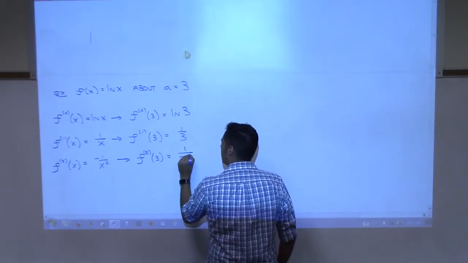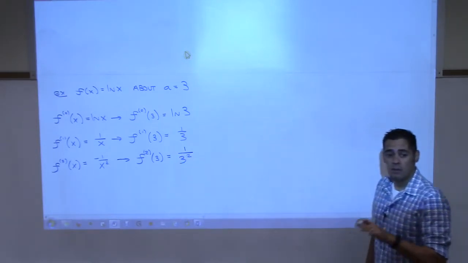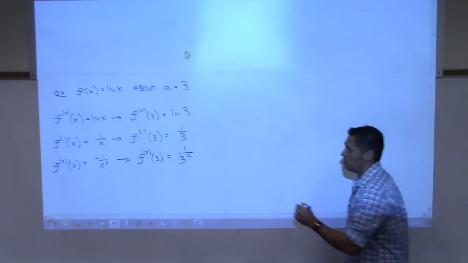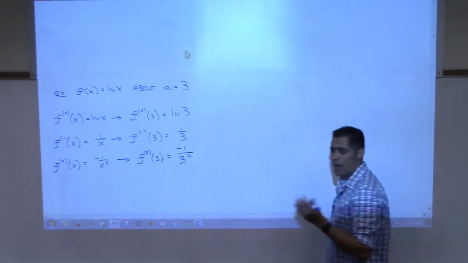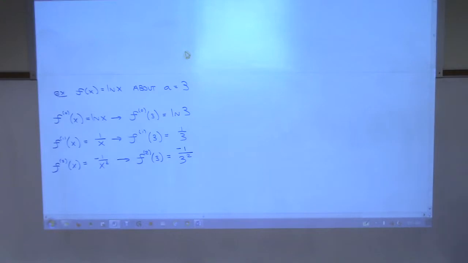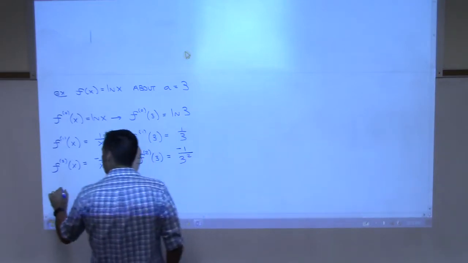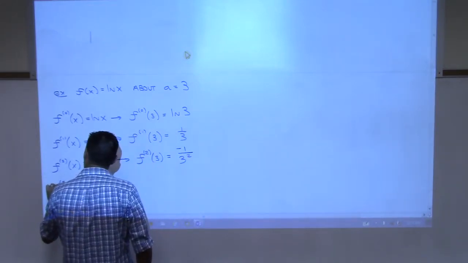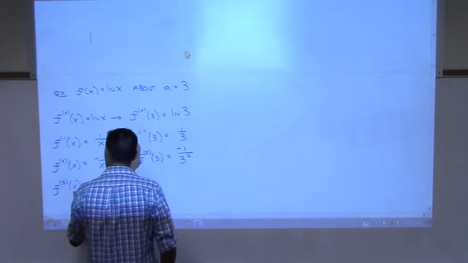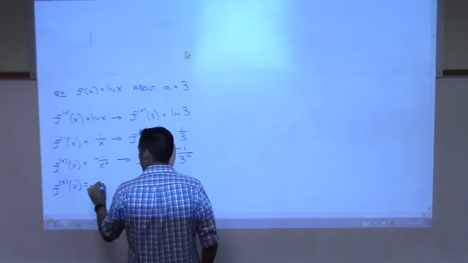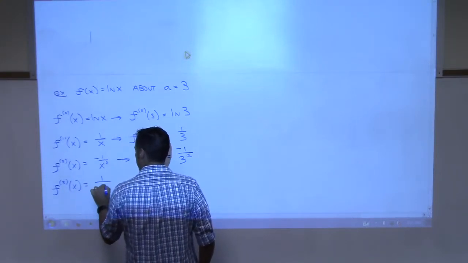But I am going to write it as 3 squared just to try and pick up a pattern, all right? Because my next one should be a 3 cubed, shouldn't it? Now, will it be positive or negative? Positive. So, are you all okay with taking successive derivatives here? Next derivative will be positive 1 over x cubed.